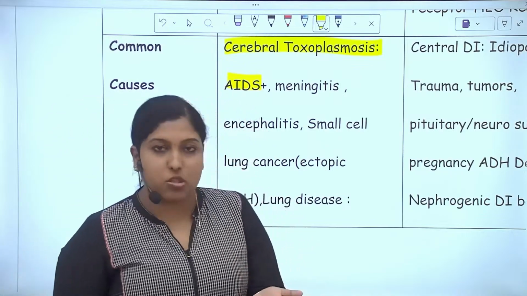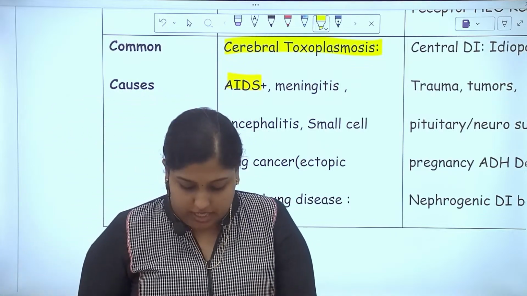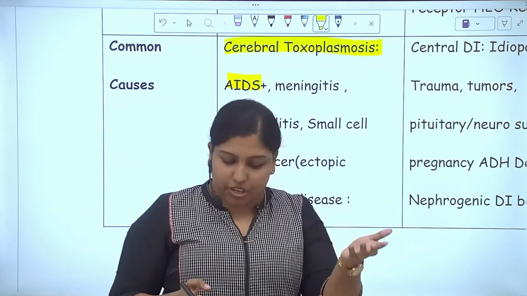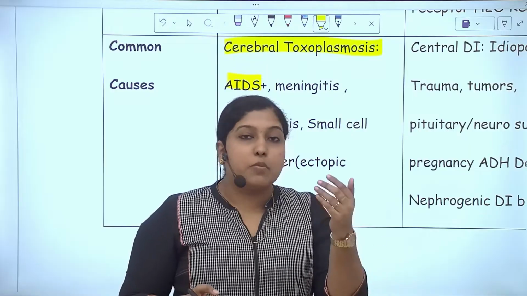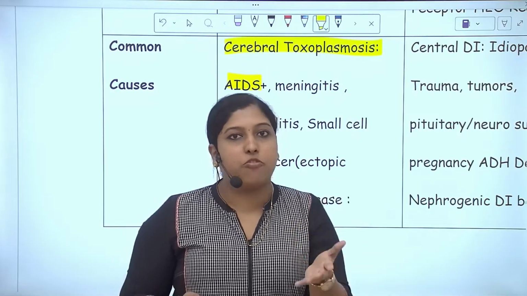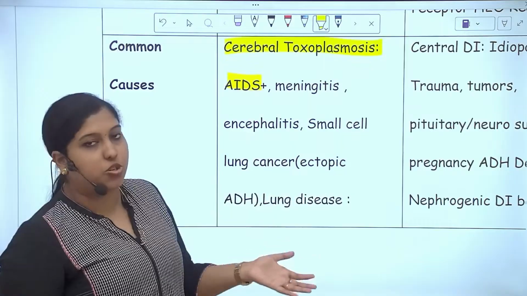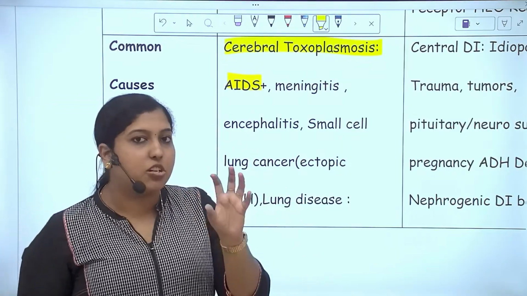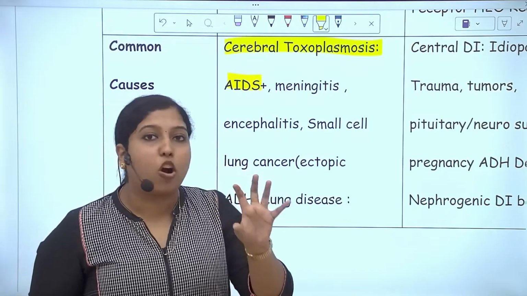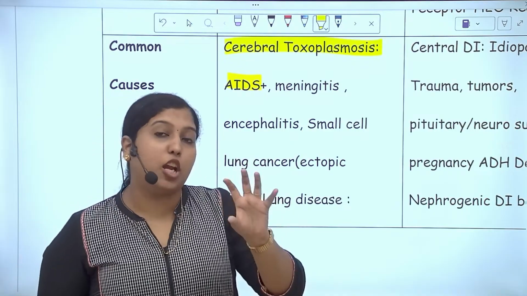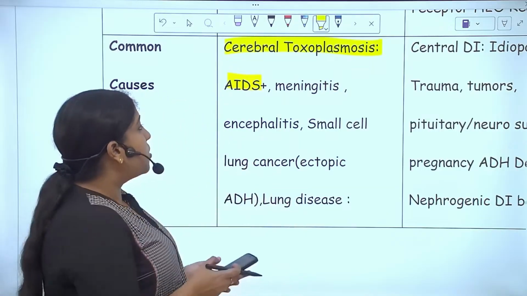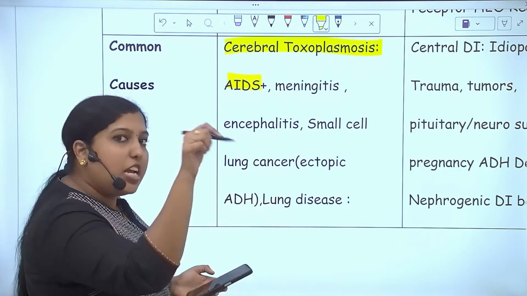This toxoplasmosis is very common if the person is having a cat in his home, because cat feces is one of the modes of transmission for this disease, right? So cerebral toxoplasmosis is the first and primary condition responsible for causing the syndrome of inappropriate secretion of antidiuretic hormone. That is also very prevalent in AIDS positive patients.